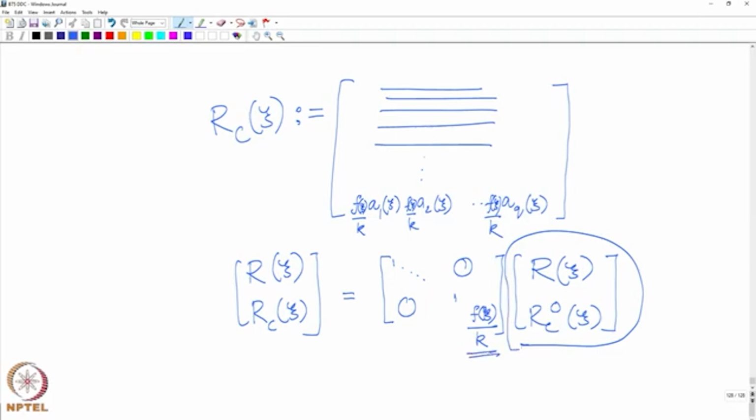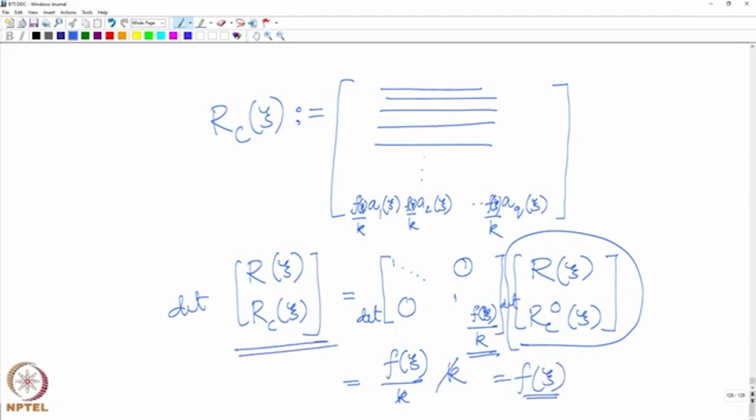So it is just a row operation, multiplication from the left by this matrix. So what is the determinant of this guy? The determinant must be determinant of this into determinant of this. The determinant of this guy is f xi by k. The determinant of this guy is k. K cancels out, I have f xi. So I have my controller.